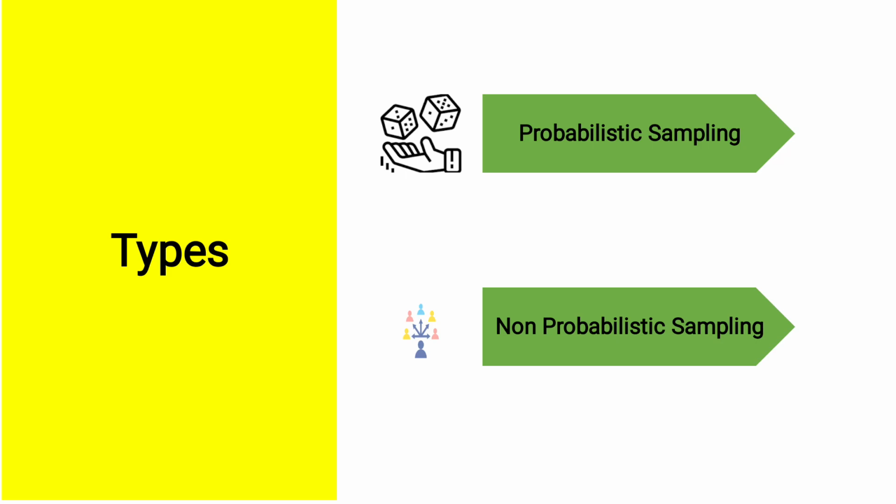Probabilistic sampling we use most of the time in quantitative research, and non-probabilistic sampling we mostly use in qualitative research.